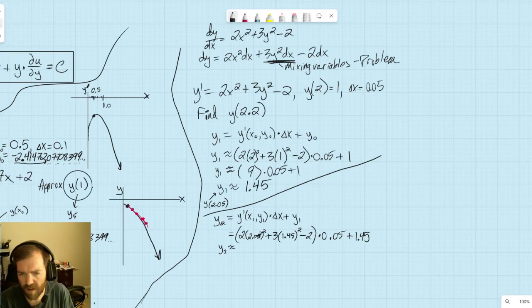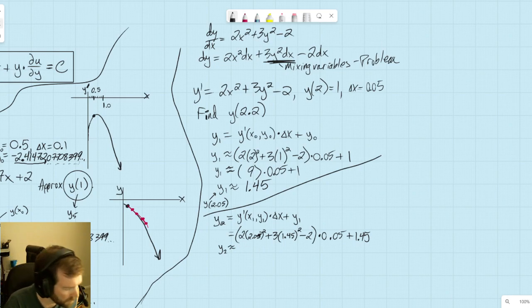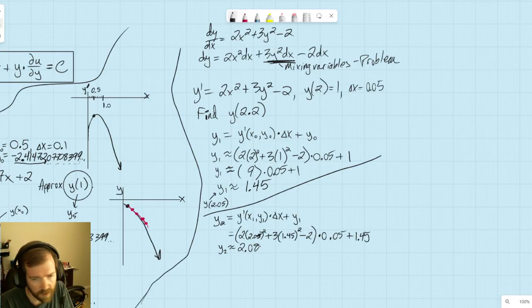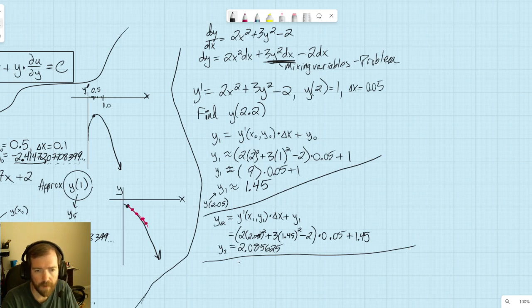Nice. 2.085625. And actually that is an exact value. It's out of 64ths or whatever it ends up being. Okay, so this one is y at 2.1.